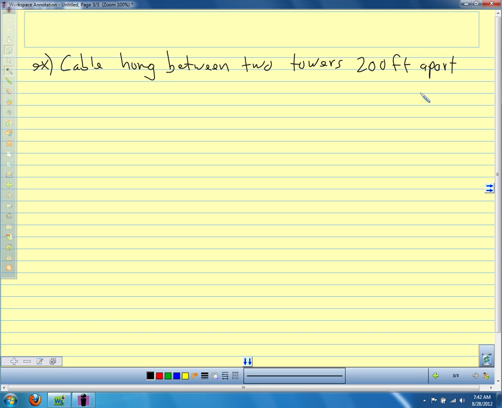And we mentioned when we talked about hyperbolic functions that cables, if we take into account their weight, hang in a shape called a catenary, which is a hyperbolic trig function.